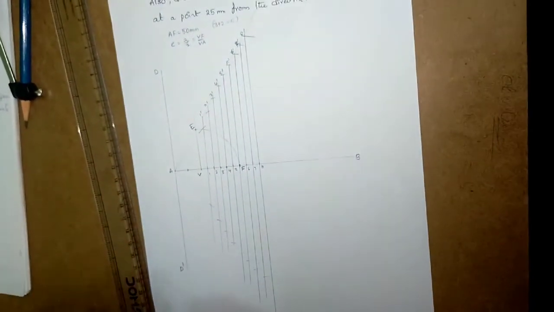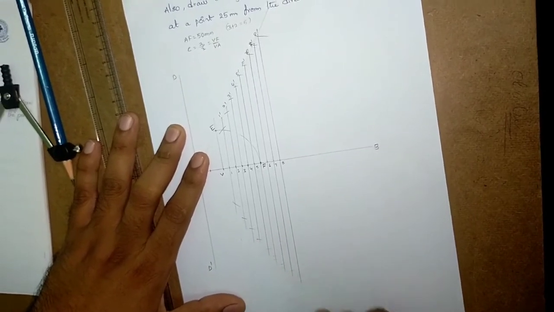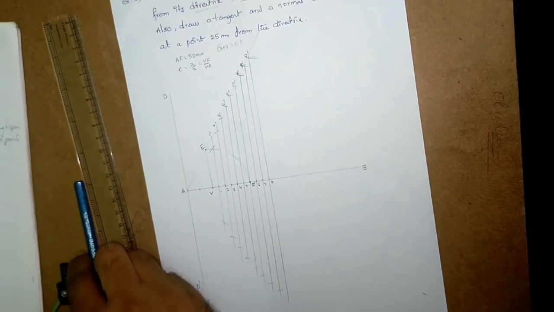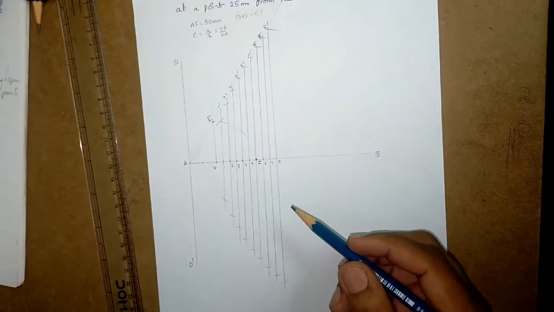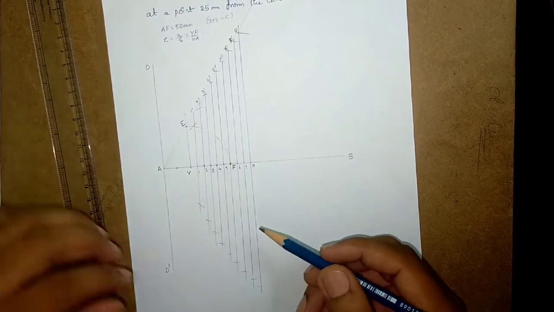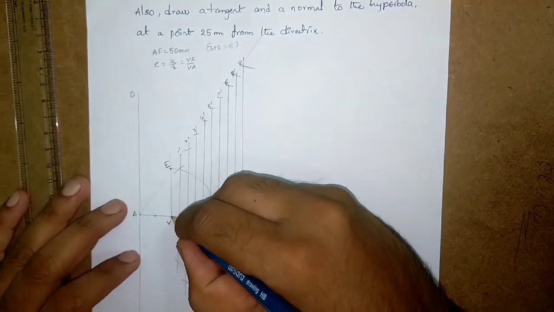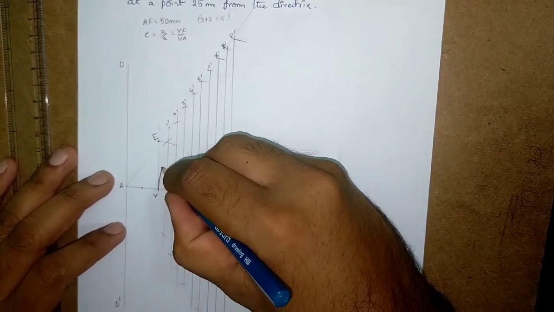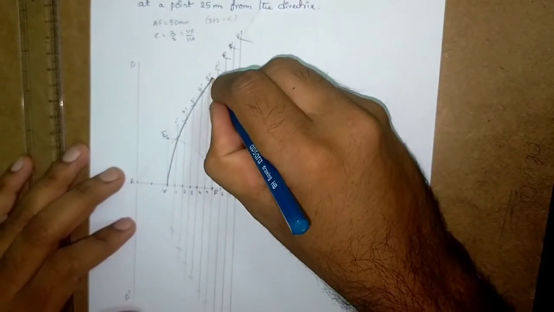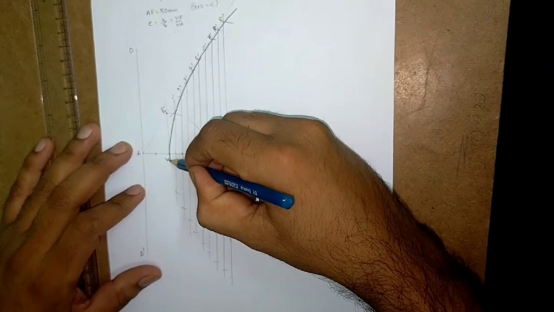I want to erase these excess, unnecessary lines. After I got the locus points, now join all these points using an HB pencil. Draw a smooth curve from V, and similarly on the opposite side.